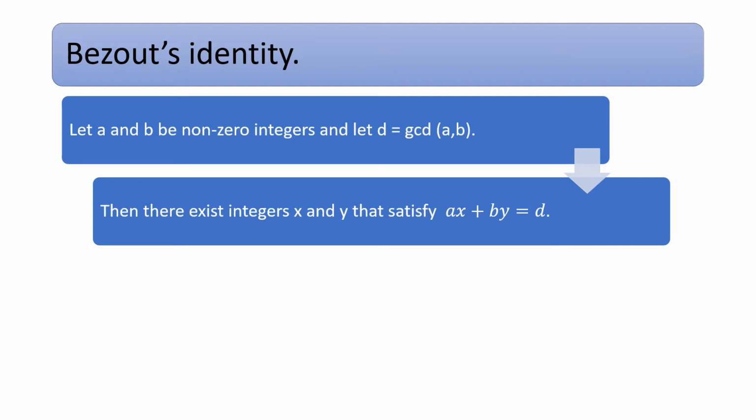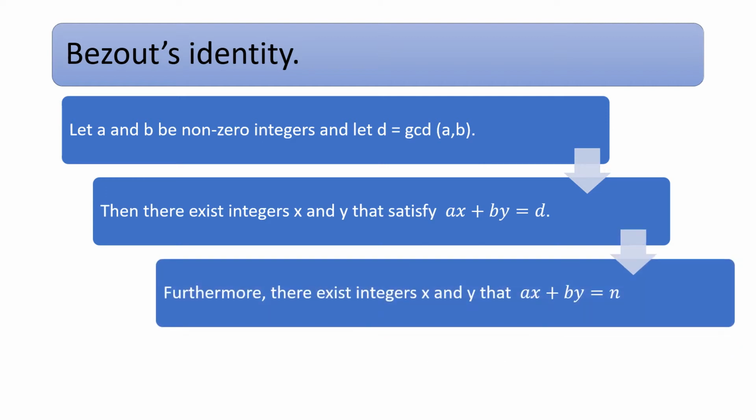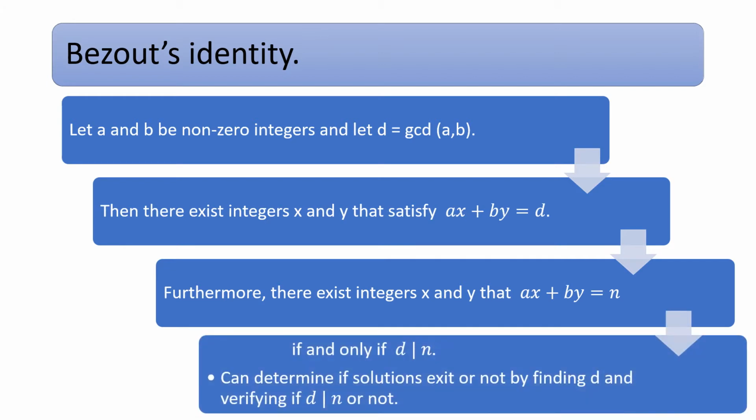In other words, we can find integers x and y which satisfy the equation ax plus by equal to d. Furthermore, there will exist integers x and y such that ax plus by equal to n only when d divides n. If d divides n, there is a solution. If d does not divide n, then it has no solution at all.